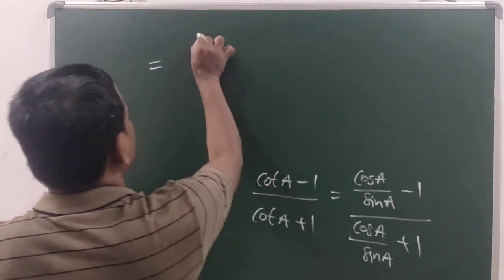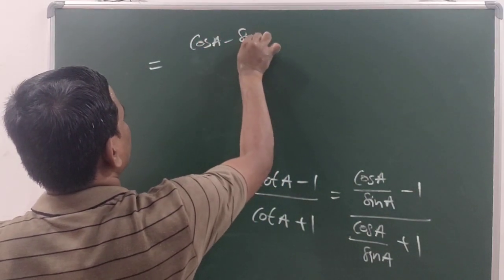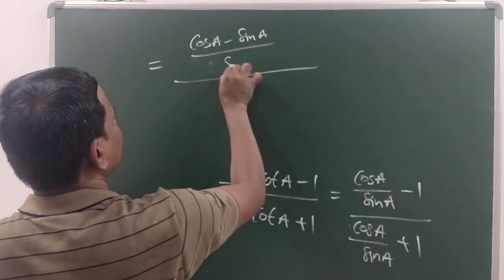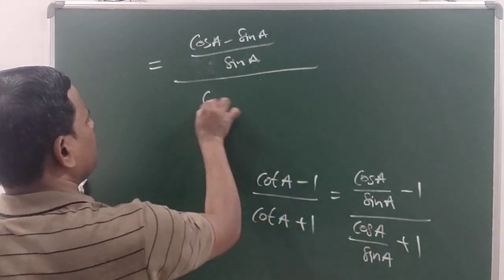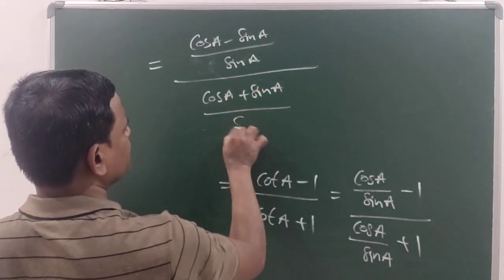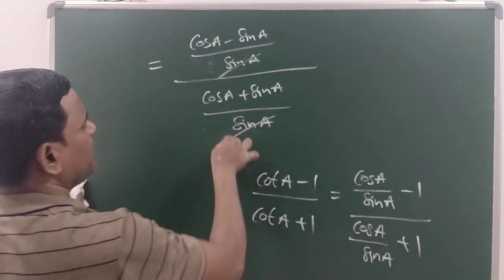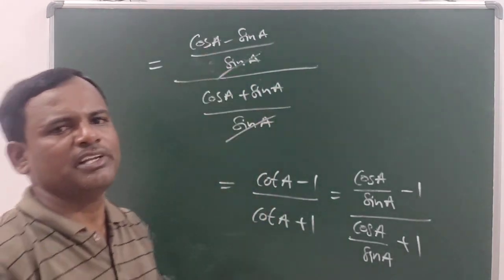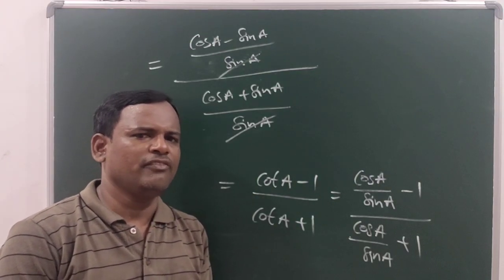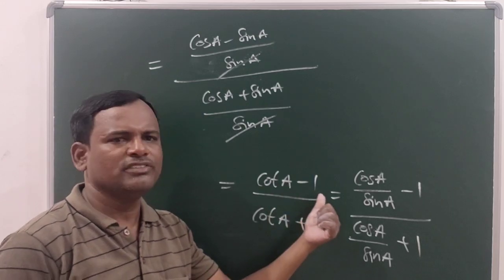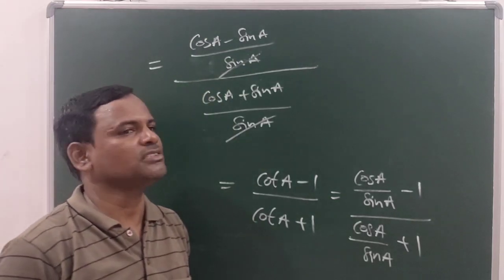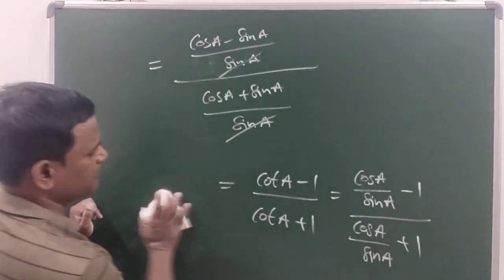You will get (cos A − sin A) by sin A, whole by (cos A + sin A) by sin A. Sin A cancels. Now what is left? Cos A minus sin A by cos A plus sin A. Cot(45 + A) can be written as (cot A − 1) by (cot A + 1), and this is also equivalent to (cos A − sin A) by (cos A + sin A).